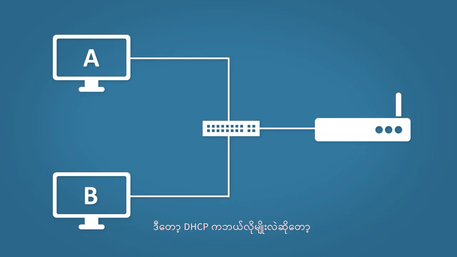So, how does DHCP sort this out? Each computer will run a DHCP client, and this will allow the computer to ask for an IP address. Somewhere on the network, there will be a DHCP server. This is where the IP addresses are managed. DHCP servers can be run on routers or servers.